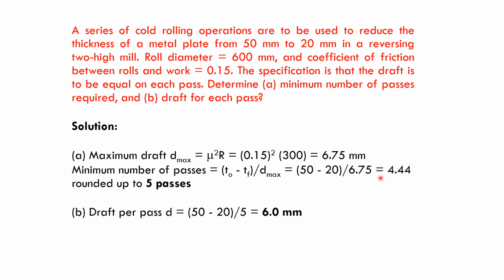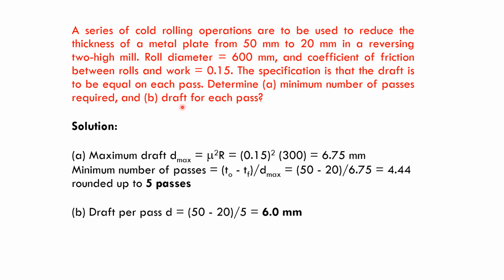It will become 4.44. Of course, because the specification says the draft has to be equal on each pass, you round it up to 5 passes, meaning that the draft can be lower than the 6.75.